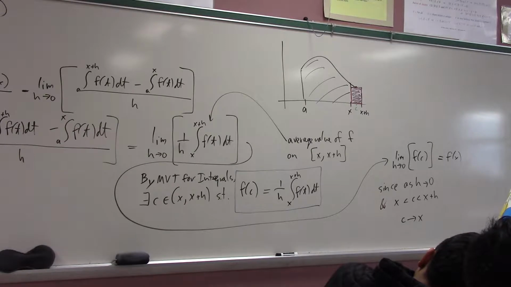Boom. That's it. c goes to x, because c is this point that we've proven must exist in between x and x plus h. As h goes to 0, c is squeezed between x and x plus h, and so c goes to x, and so this is just f of x.